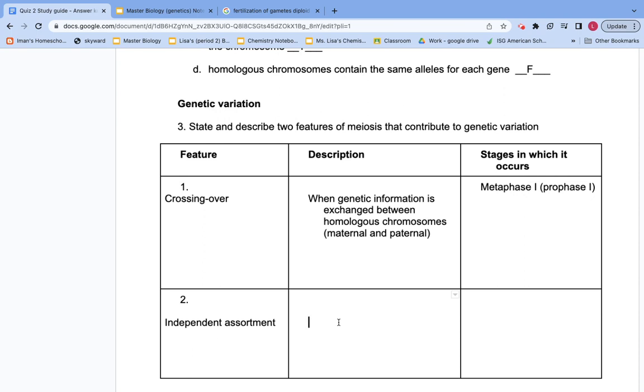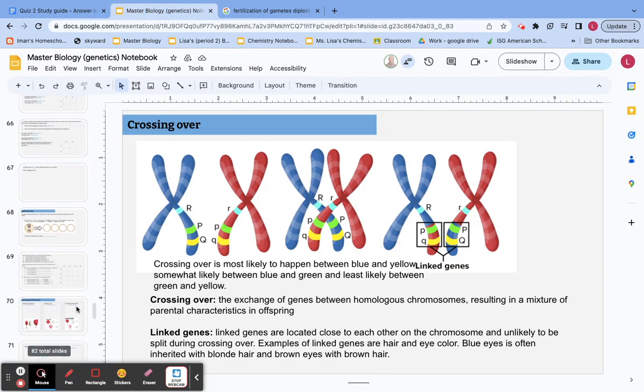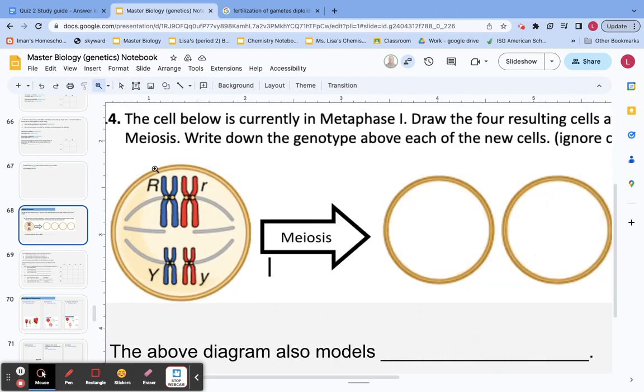Independent assortment is saying our homologous chromosomes or our sister chromatids can be separated in either direction. So for example, if I look at this cell here, both of my paternal chromosomes could go to the left, and both of my maternal could go to the right.